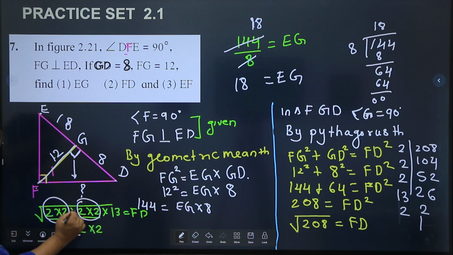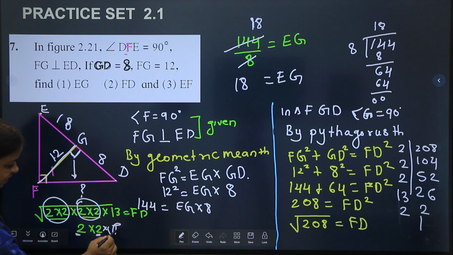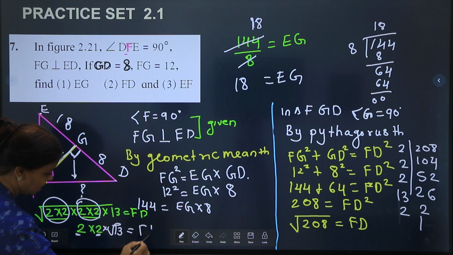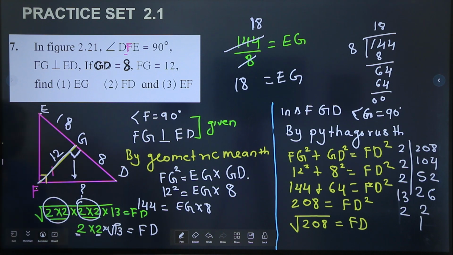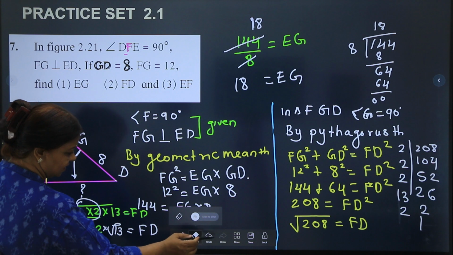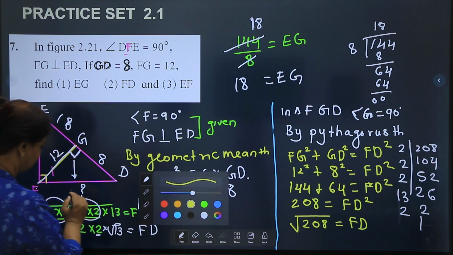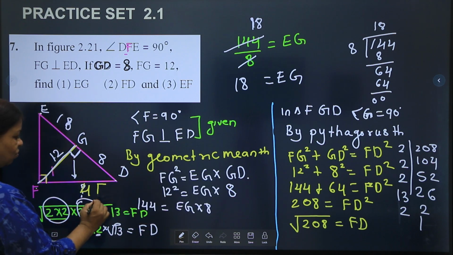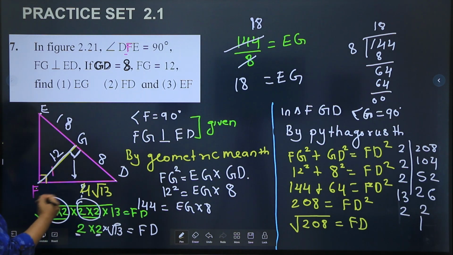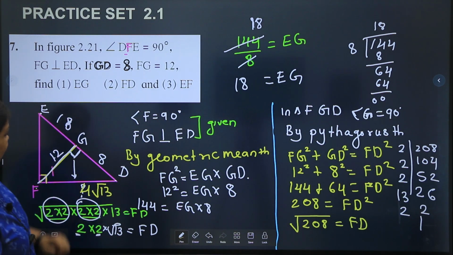This is also 2 times, so it will come out as 1 time. So what is left now inside? 13, which is equal to FD. So FD is 4 root 13. So we can easily write here FD as 4 root 13, and this is what they were asking you to find out, FD.